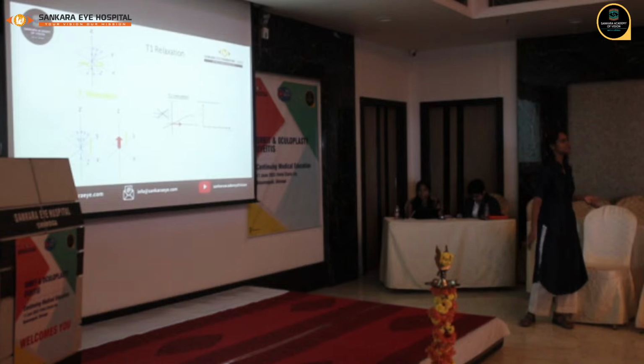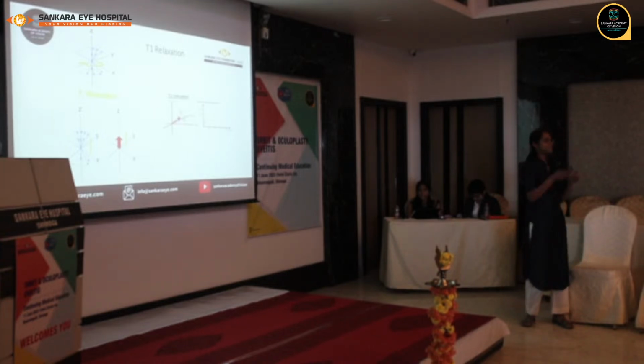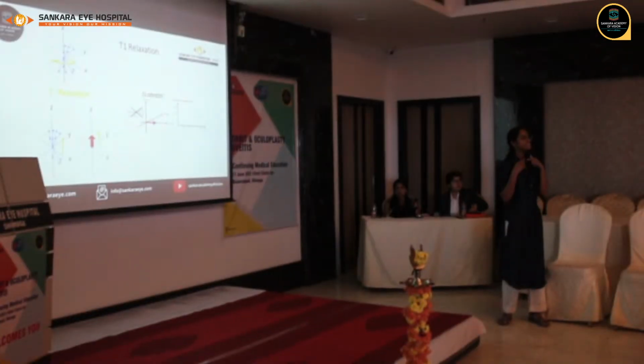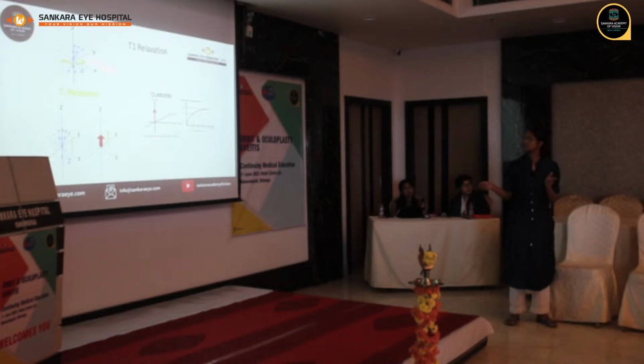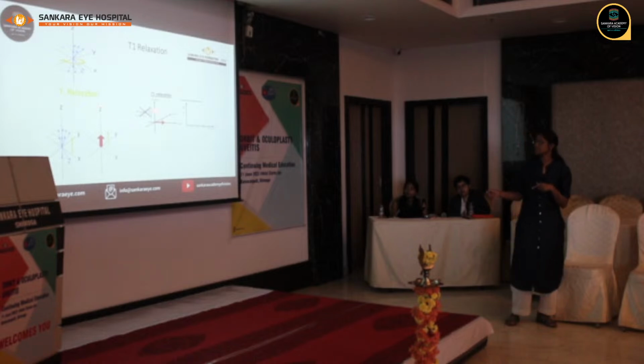Now coming to the relaxation. I already mentioned that in the external magnetic field the protons are oriented. Now there is an RF pulse, it is activated, and there is a change in the direction. Now when the RF pulse is cut off, the tissues have to relax back to their resting state. Whatever events take place during this phase are seen as T1 relaxation and T2 relaxation. When the RF pulse is cut off, the magnetization has to grow back to the longitudinal.